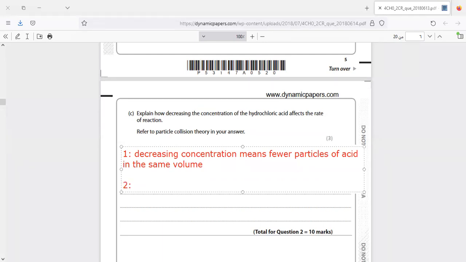Once you decrease the concentration, you have a fewer number of particles of acid, so fewer successful collisions between particles take place.